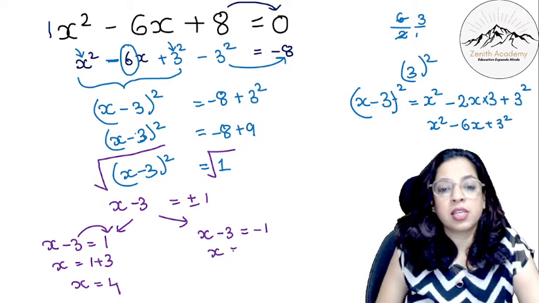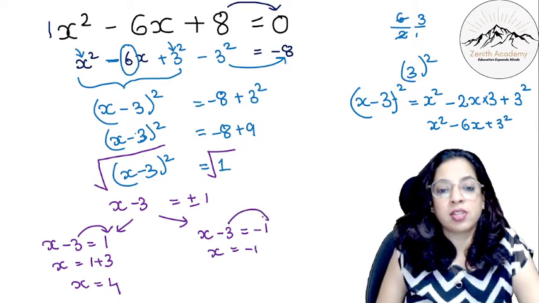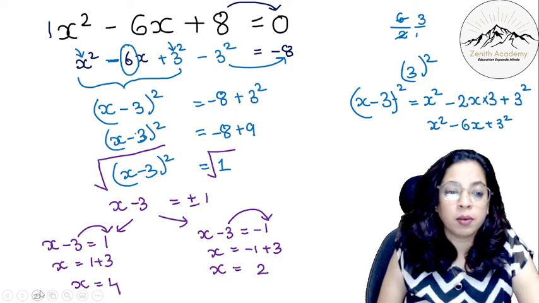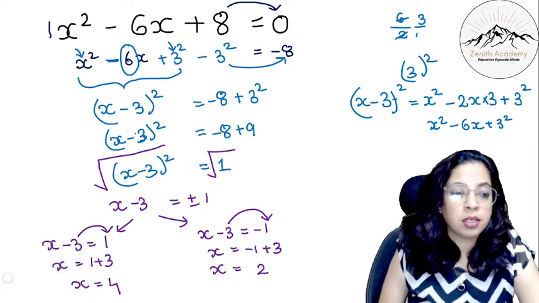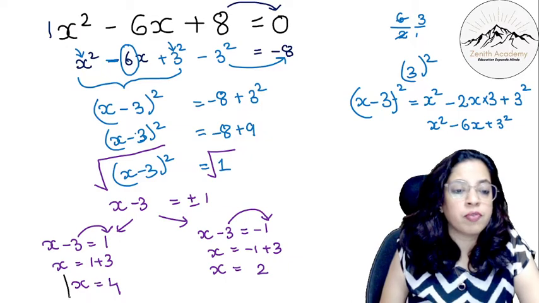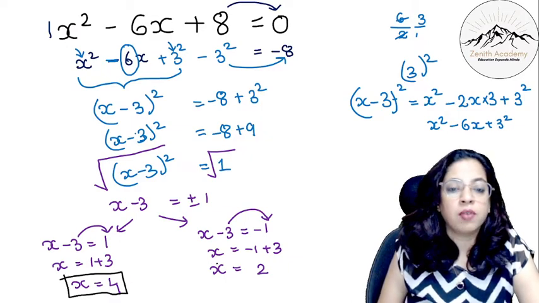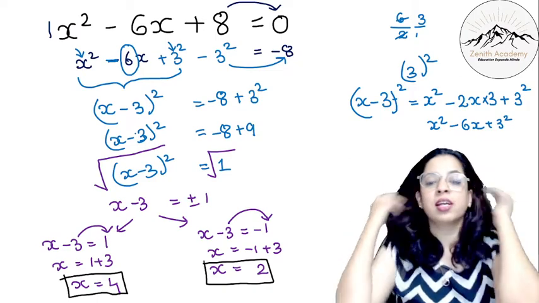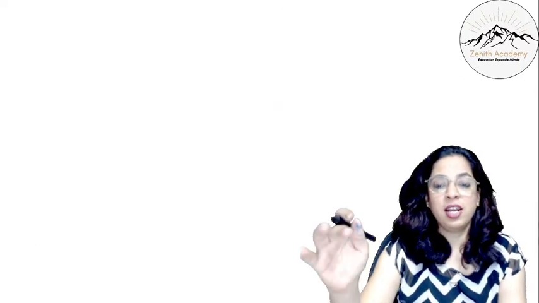Here x is equal to minus 1. Take minus 3 on the other side, it becomes plus 3. Both are different signs. So you have to subtract it and put the sign of the bigger one. Isn't it? So one of the values of x is 4 and one of the values of x is 2. I hope you have clearly understood this. Let's go ahead with the next question.